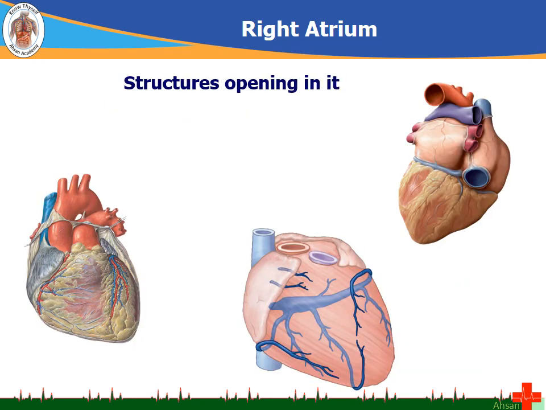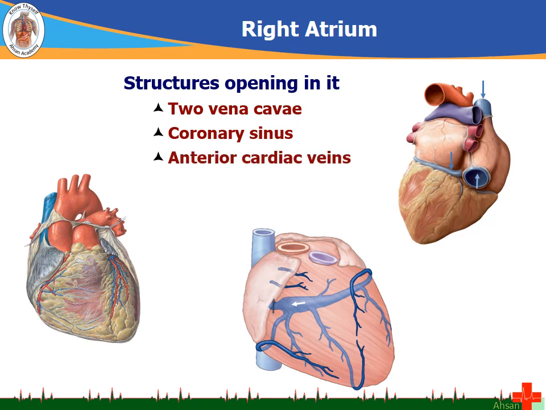The veins that open into the atrium include the 2 large venae cavae carrying blood from almost all areas of the body. Some small veins carry blood from the heart and drain it into the right atrium. The largest one is the coronary sinus, and this white arrow is indicating the coronary sinus.